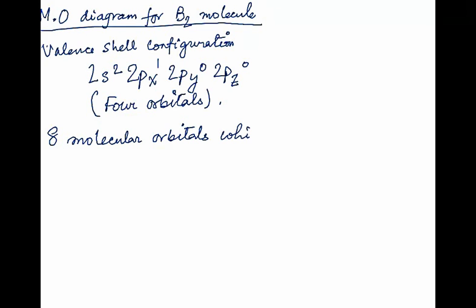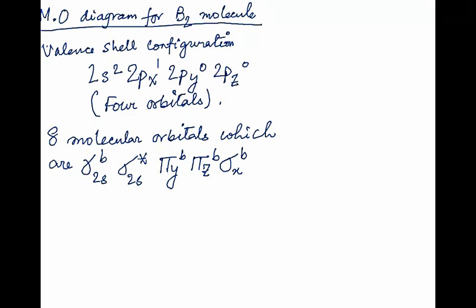These are sigma 2s bonding, sigma 2s antibonding, then pi y bonding, then sigma x bonding, then pi y antibonding, pi z antibonding, and lastly the sigma x antibonding.